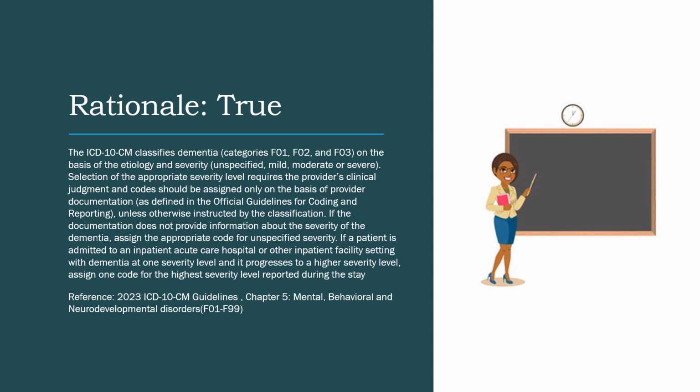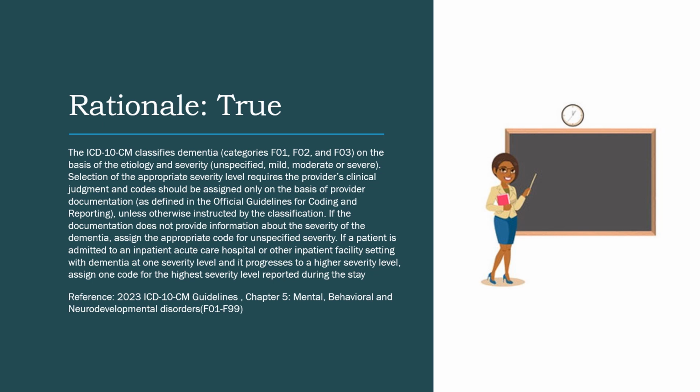This is true. According to our 2023 ICD-10-CM coding guidelines, as it relates to Chapter 5, mental, behavioral, and neurodevelopmental disorders, ICD-10 code range F01 through F99, the ICD-10 classifies dementia categories F01, F02, and F03 on the basis of the etiology and severity: unspecified, mild, moderate, or severe.